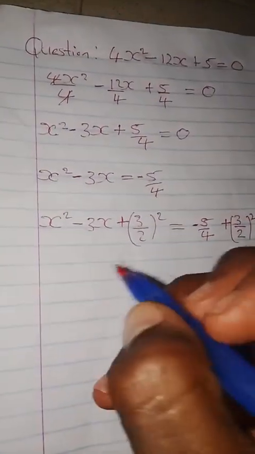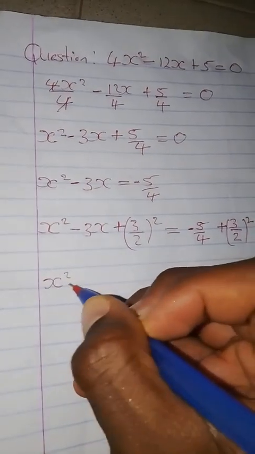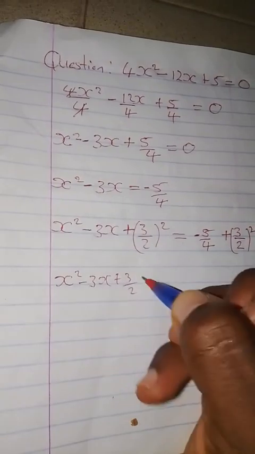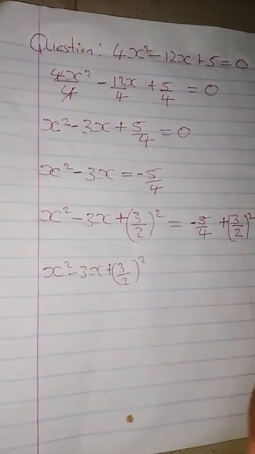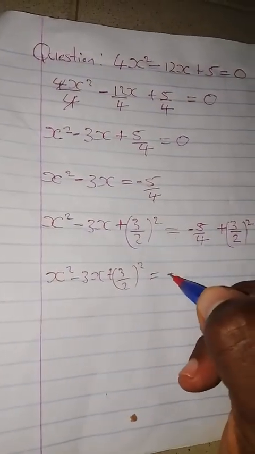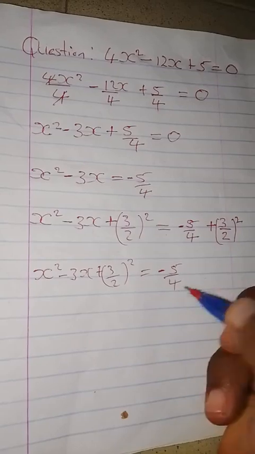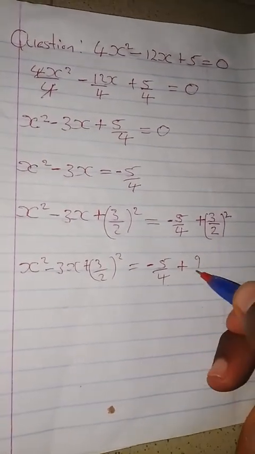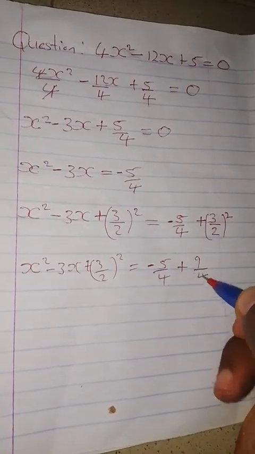I hope you can see. x squared minus 3x plus (3 over 2) squared equal to minus 5 over 4 plus, 3 squared is 9, that is 3 times 3 is 9, and 2 squared, 2 times 2 is 4.